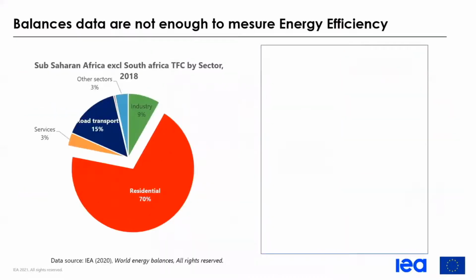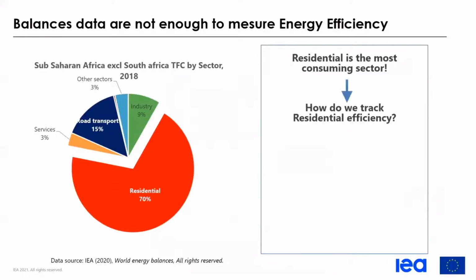One of the possible starting points to identify priorities is the breakdown of final energy consumption by sector. Usually this information can be easily extracted from the energy balance of a country. So, for example, in this case, we can identify that the residential sector is the most consuming, so it's likely to be considered a priority sector for energy savings.